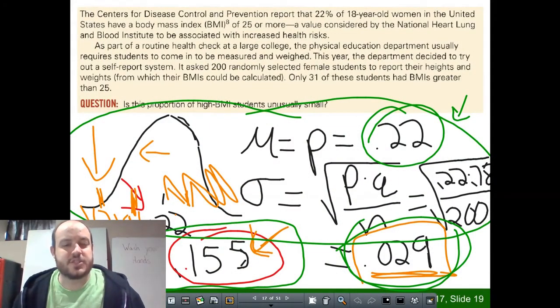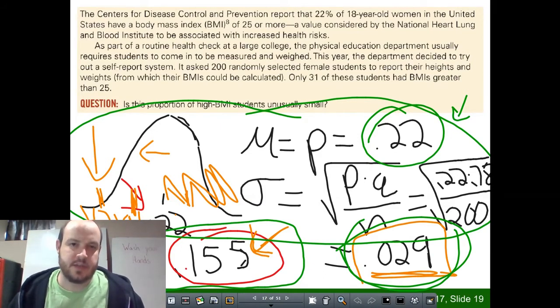It mentioned a school that was trying to have the 18-year-old women self-report their weight and height so that they could calculate their BMI. We were looking at whether, in this random sample of 200 women, their sample was a whole bunch different than what we know the population to be. In particular, we looked at what percent of women are over the 25 BMI mark, which defined them as being a higher health risk or overweight.